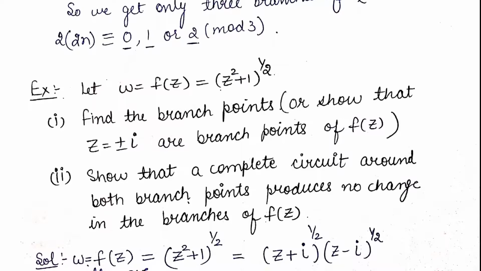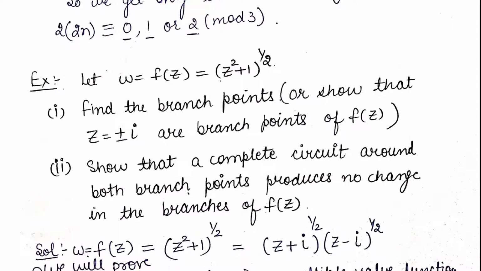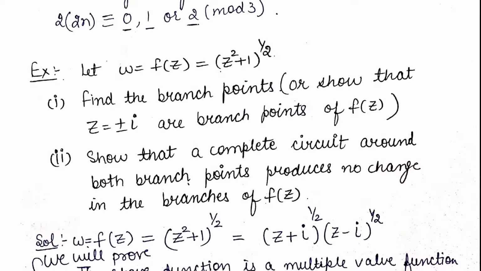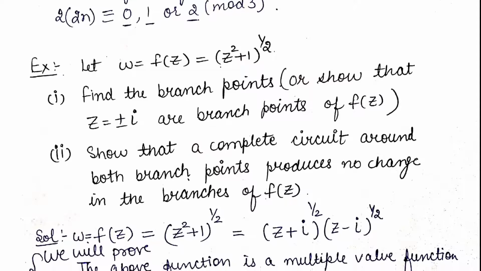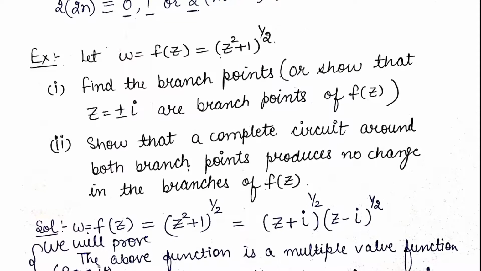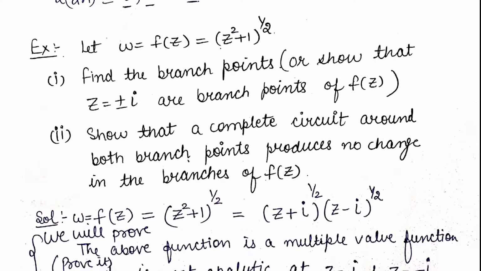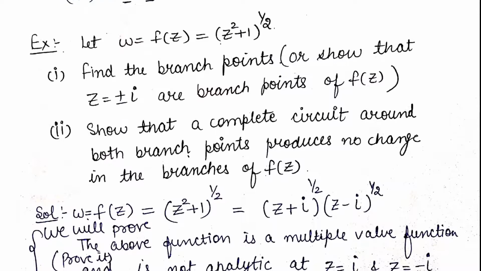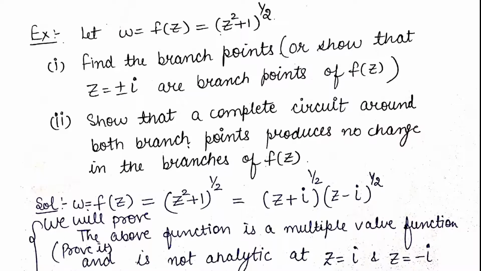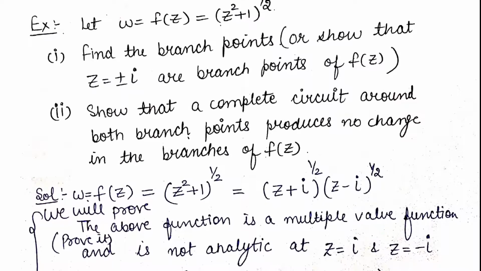So there are two approaches. One approach is that first you show that the function z square plus 1 raised to power half is a multi-valued function. And then you show that the function w is equal to f(z) is not analytic at the point z is equal to iota and z is equal to minus iota. So these points will become the branch points of the multi-valued function f(z).